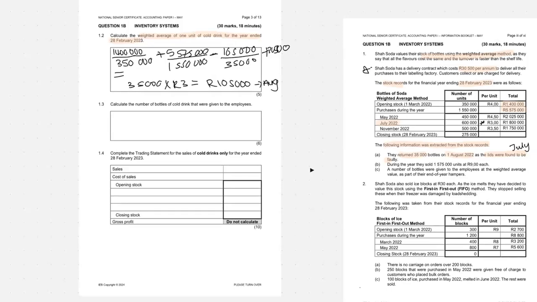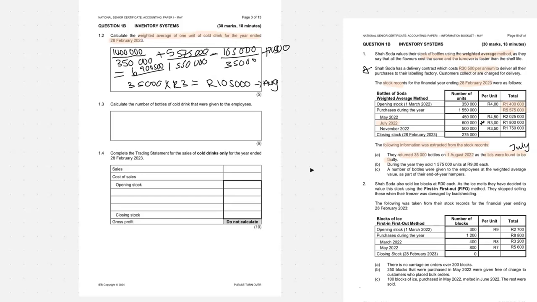And then at the bottom, we have 350,000 plus 1,550,000 minus the 35,000 from your returns, and that will give you 1,865,000.